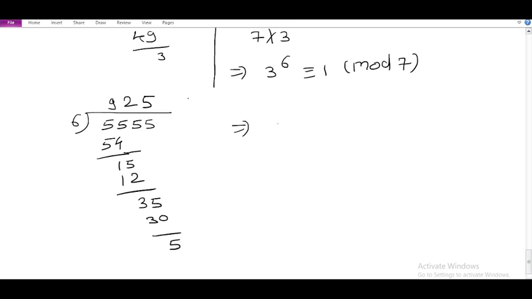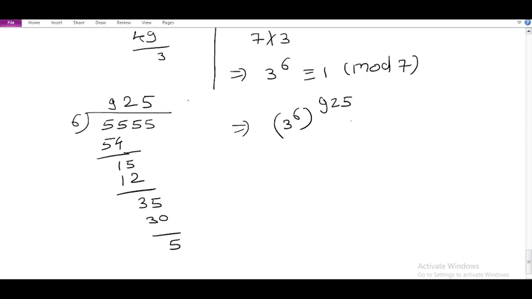So we have to take the power 3 raised to 6 raised to 925, congruent to 1 raised to 925 modulo 7.